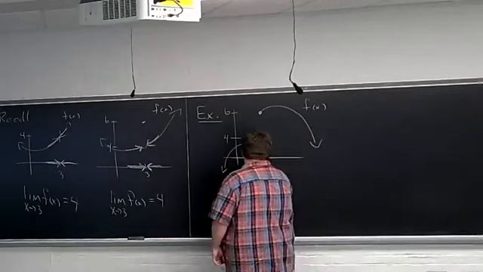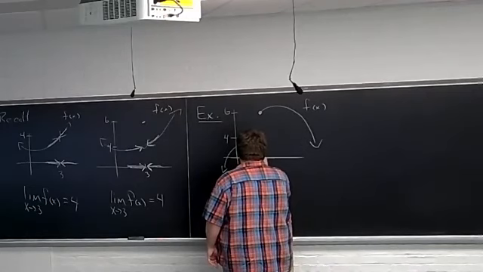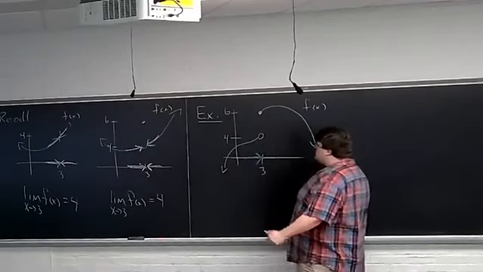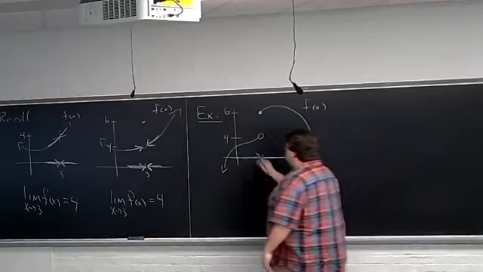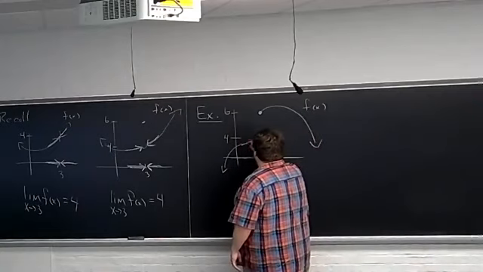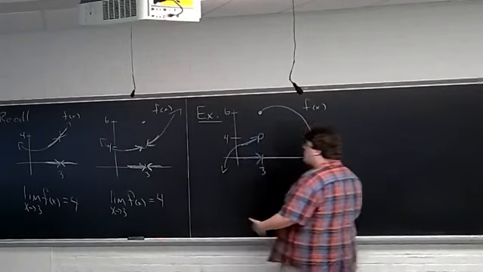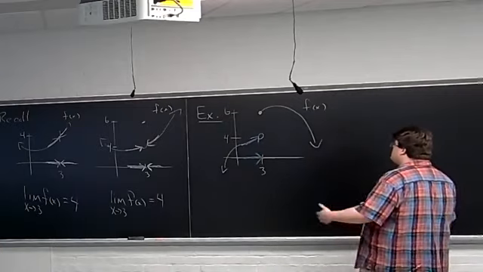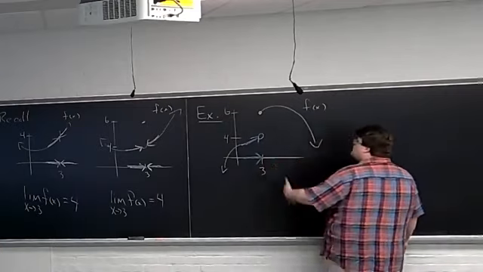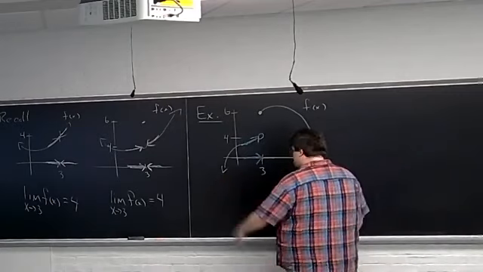Well, let's look at the left of 3 first. What does this function do on the left of 3? Well, it approaches this open dot at y equals 4. So on the left of 3, the limit would be 4. So if we get on the right of 3 that the limit is also 4, then the limit is 4.